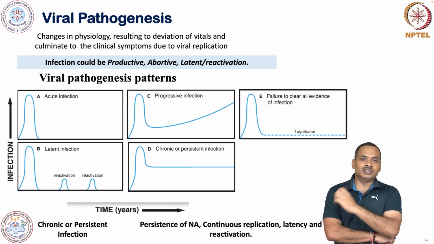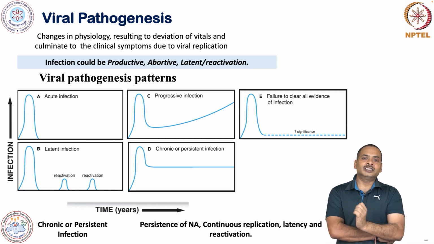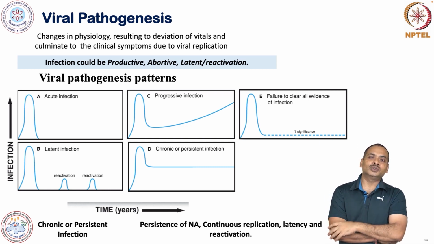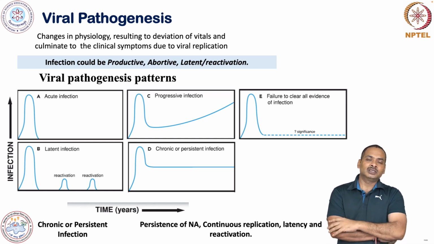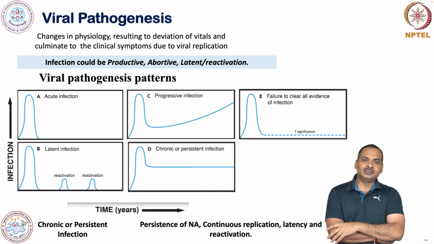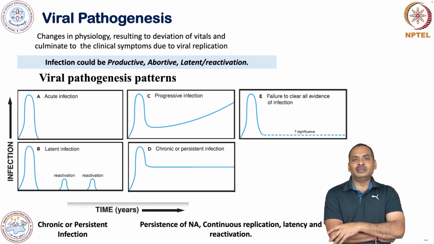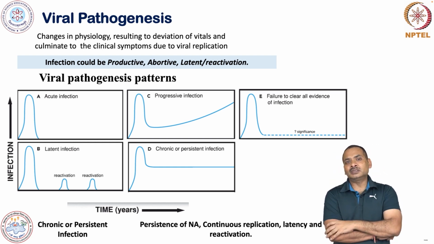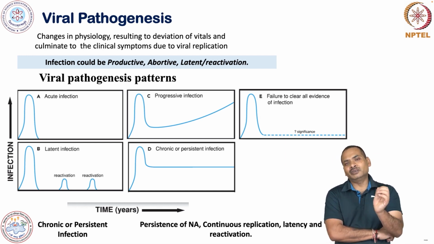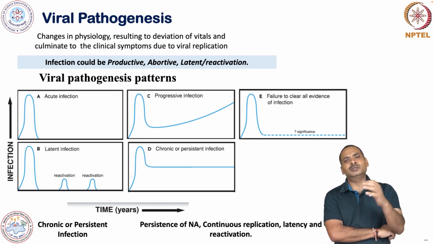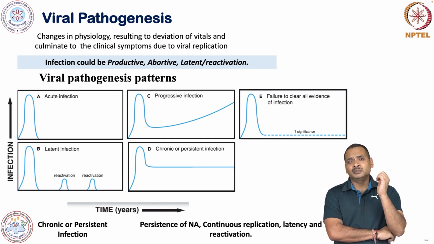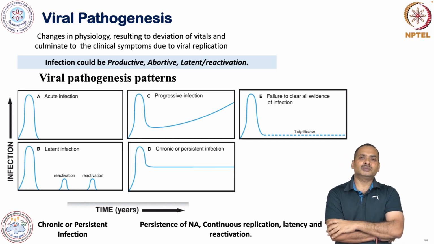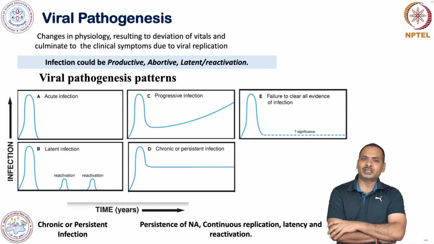Why? There could be several reasons. One is that they somehow gain access to the neuronal system, which has a blood brain barrier. And either they will be present over there, or they will be hiding from the immune system, present in some place where there is not so active immunity.